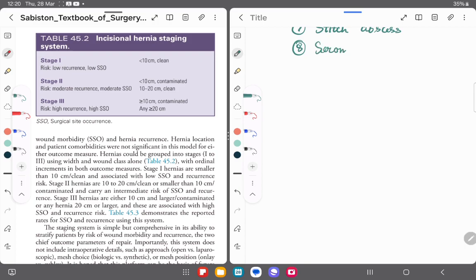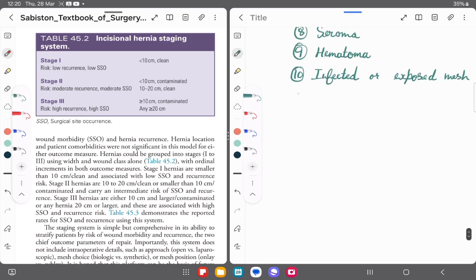Seroma, hematoma, infected or exposed mesh, wound dehiscence, and ECF, intracutaneous fistula.